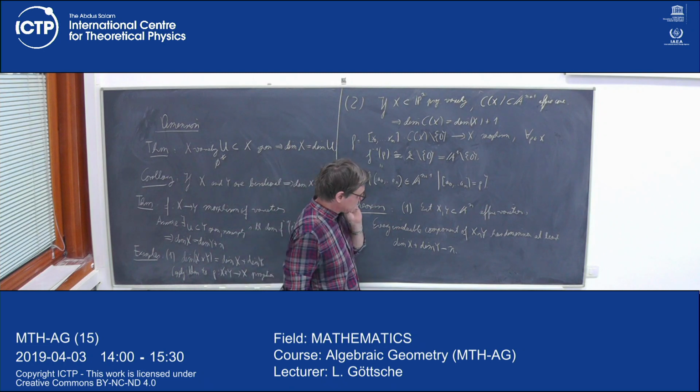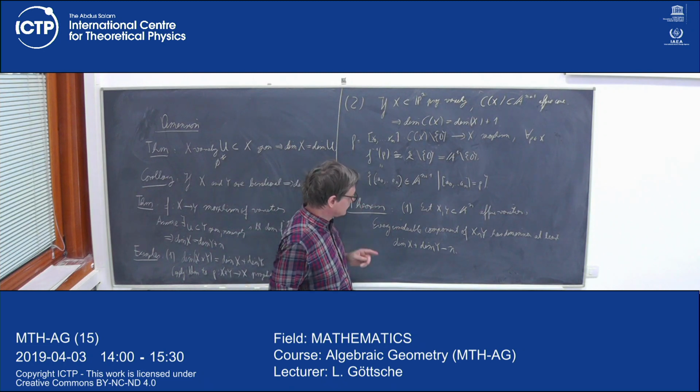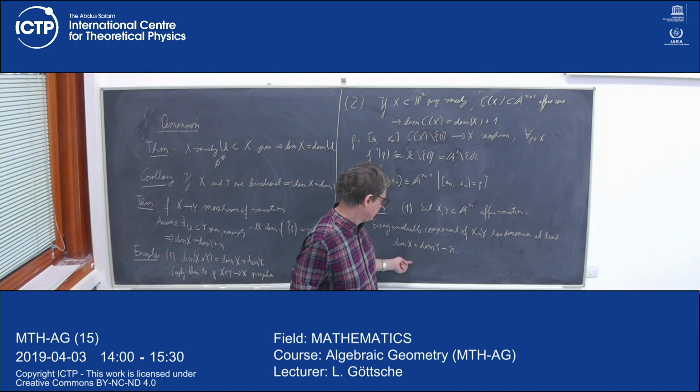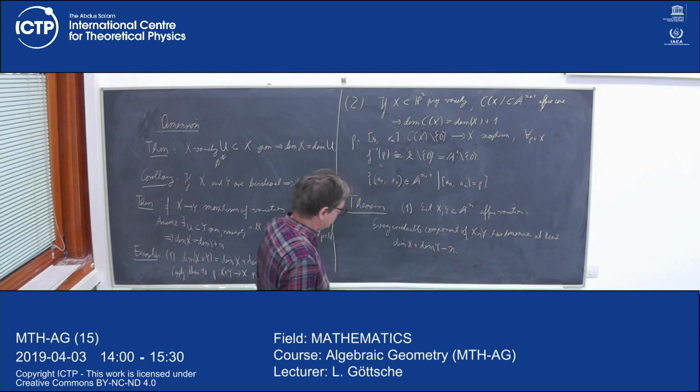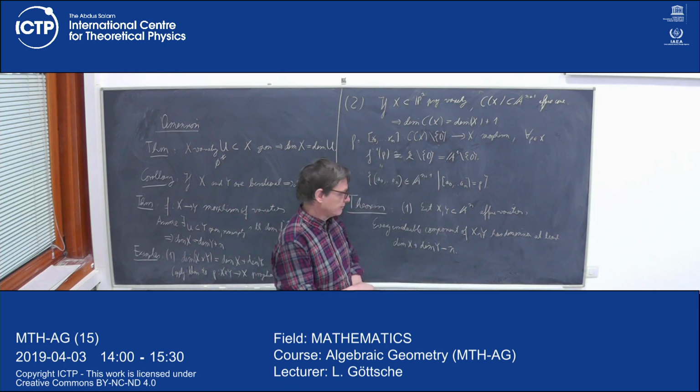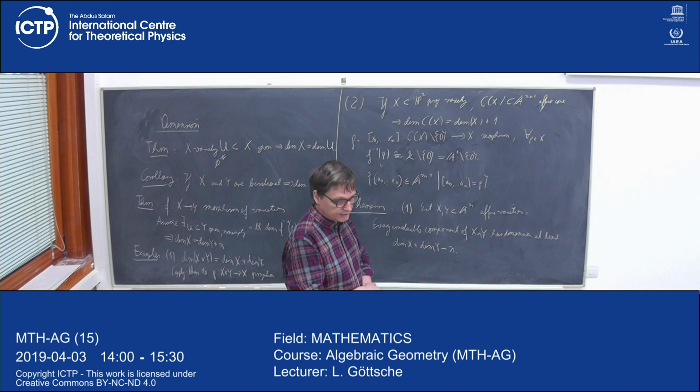Okay, but one should be aware that obviously this intersection can be empty, even when this number is positive, because you could have, for instance, two parallel hyperplanes in even a big affine space, and they don't intersect. But we have this statement.